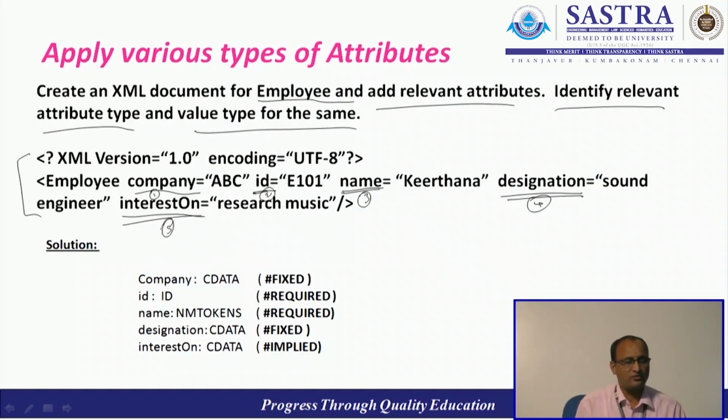We need to identify the relevant attribute types. Usually in programming languages, we need to specify the data type for declaring a variable. Here for attributes, we need to do the same: identify the relevant attribute types and also their occurrence type, which is the value type.